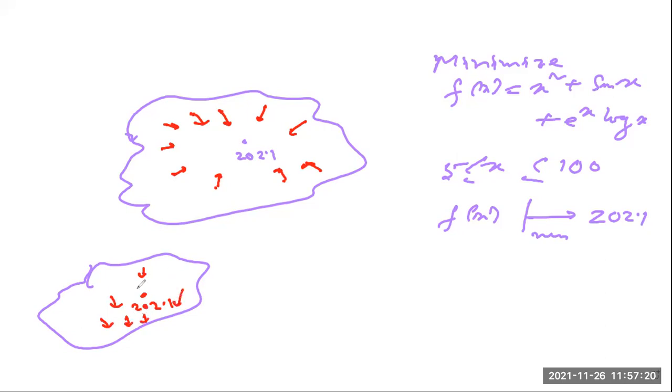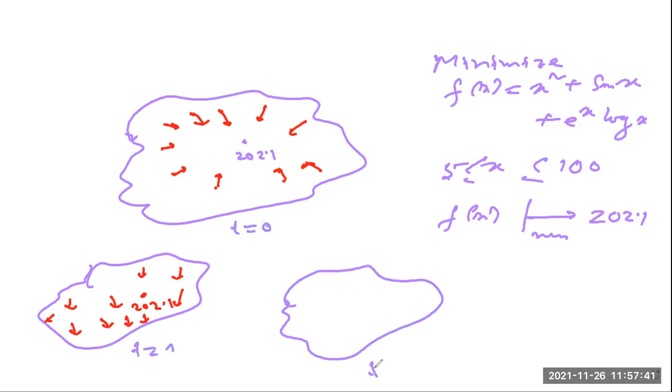Let us say this is the position of the particles. Now, in the next iteration, this is t equal to 0, this is t equal to 1, and the next iteration cycle is t equal to 2.